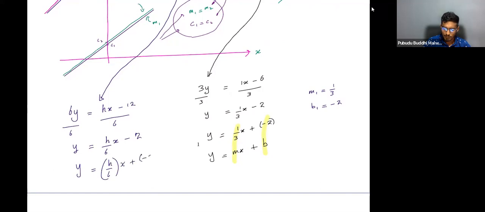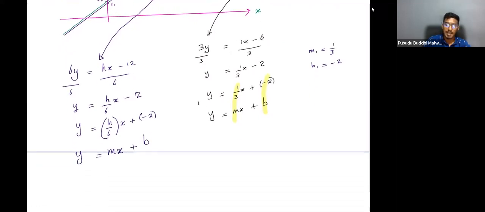Plus minus 2, right? Then we can compare again, because here the aim is computing the y-intercept and the slope. So clearly M2 equals H over 6, and B2 equals minus 2.